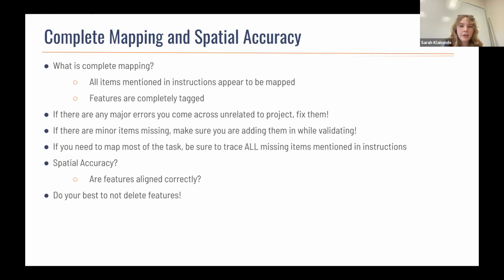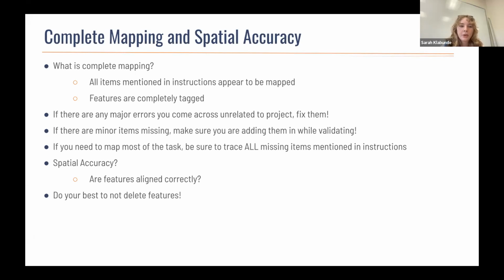If you see major errors, then you can fix them, or if, like Maxwell said, it's too much and there isn't a high priority on finishing the task, then you can maybe send it back later for more mapping and then come back to validating.